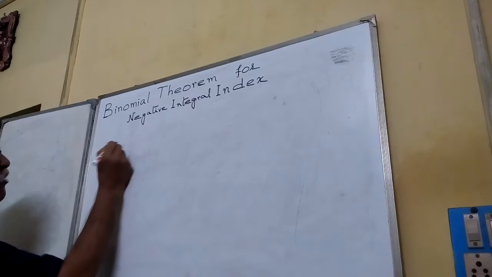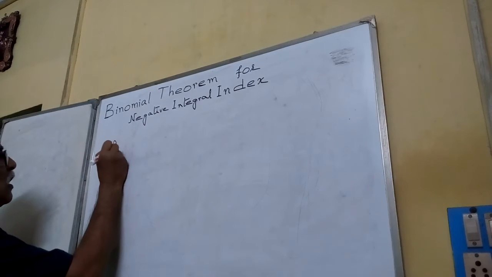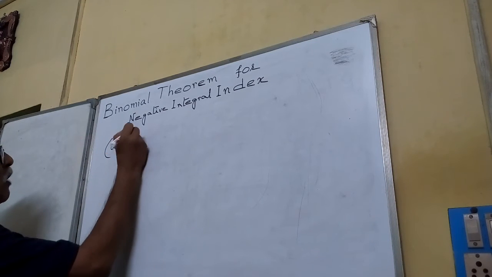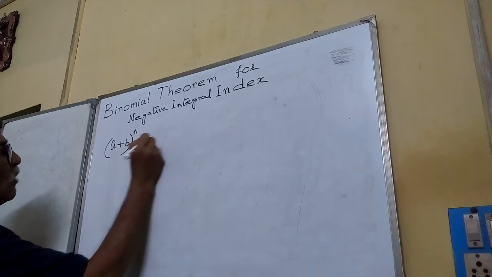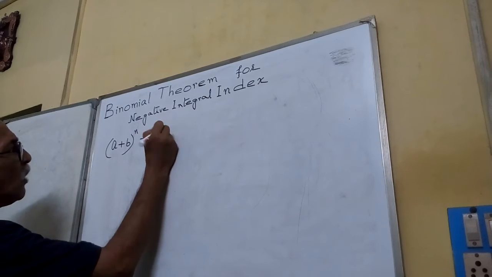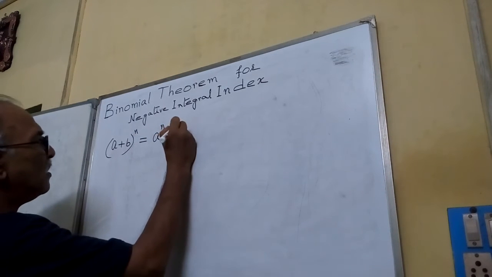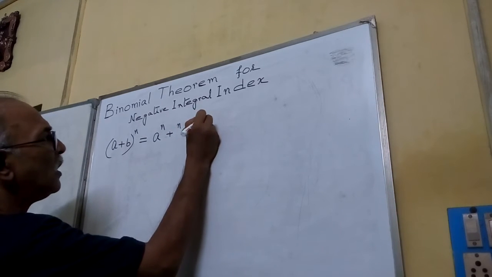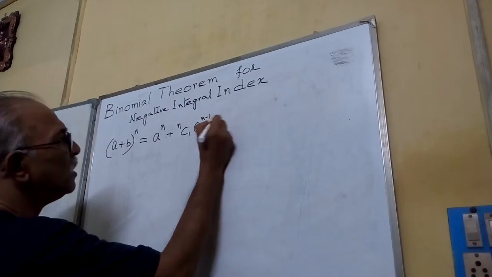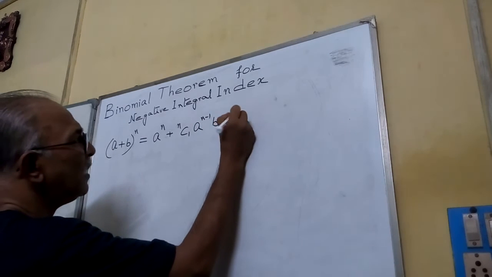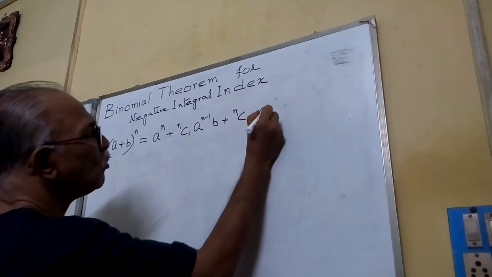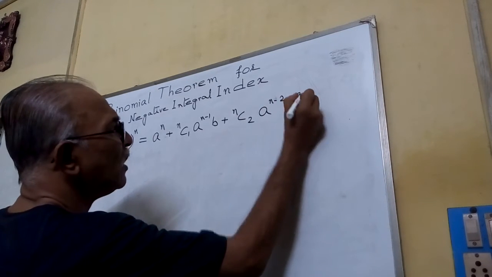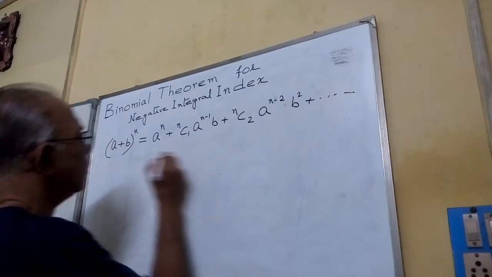See here, as we know, A plus B whole to the power N equals A to the power N plus NC1 A to the power N minus 1 B plus NC2 A to the power N minus 2 B square plus so on.